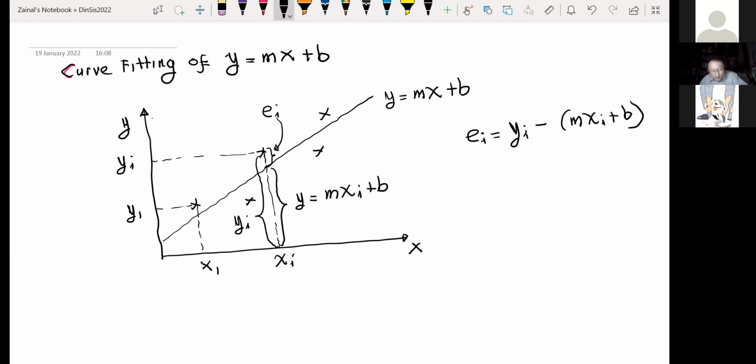We have error number 1, error number 2, error number 3, error number 4, error number 5, because i is equal to 1, 2, 3 until as many data as available.